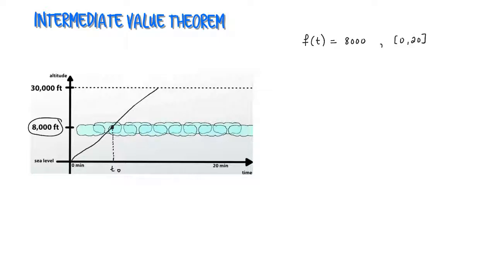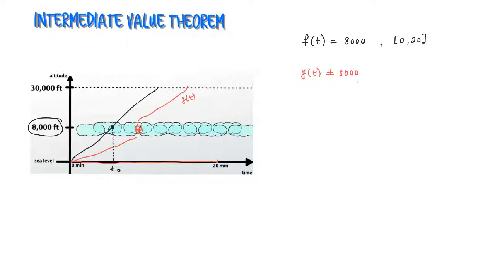However, if the graph doesn't have a smooth path, imagine that this is now the path and then somehow it jumps over and continues here, then indeed it will miss the 8,000 mark that should happen right here. Then that means that this function, let's call it g of t, the red graph, will not equal 8,000 feet for any time between 0 and 20. So you are not going to be able to find a time between 0 and 20 such that g of t is equal to 8,000.